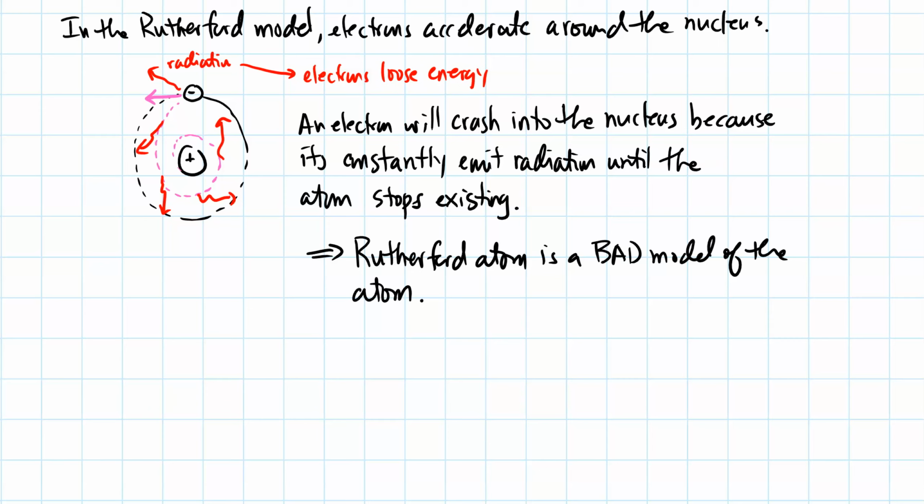The atom ceases to exist. There has to be a better model because atoms do exist. That's where quantum mechanics comes in, but I'll save that for later. I now go to the second piece: atoms are not empty.